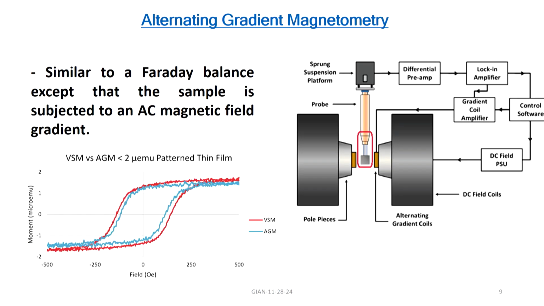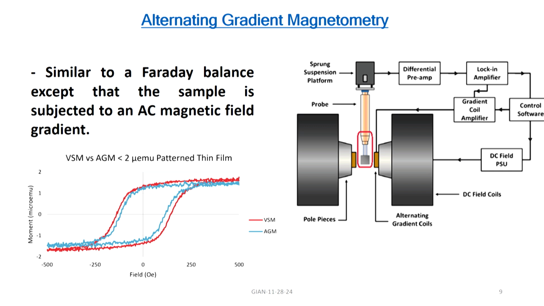Now, the alternating gradient magnetometer is similar to the Faraday balance. In the Faraday balance, there is a gradient acting on the sample. That is a DC gradient. It is a gradient in the DC or permanent magnetic field. Whereas, in the AC gradient, there is a coil that would produce a gradient felt by the sample, which would change with time.